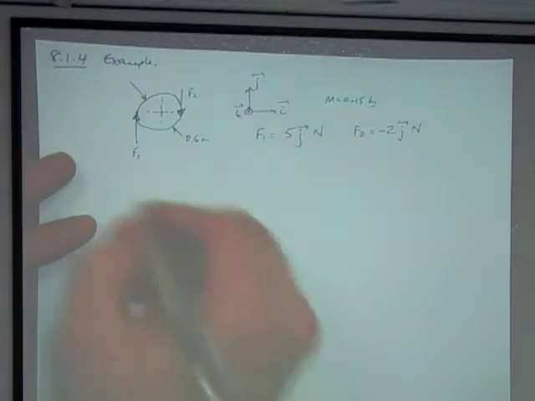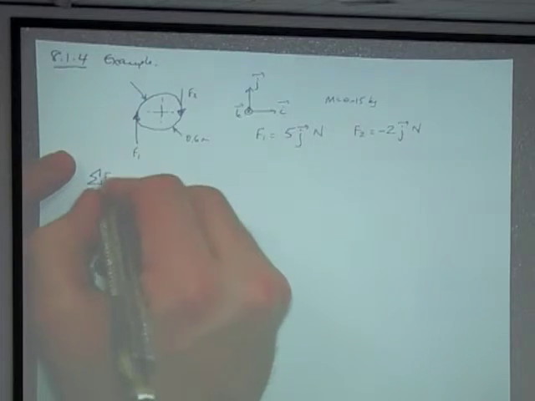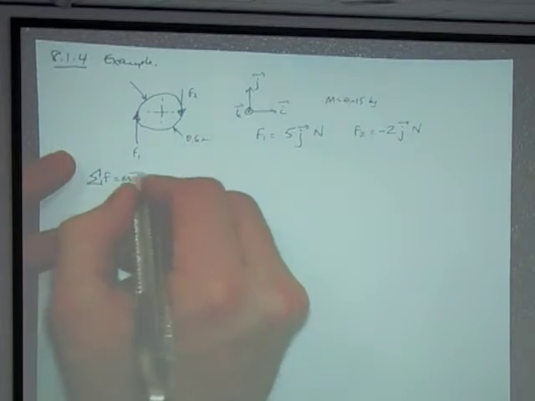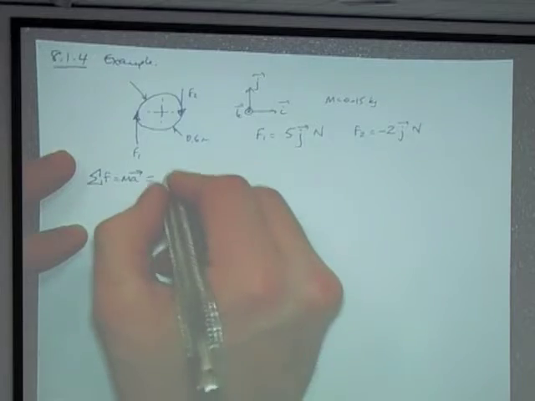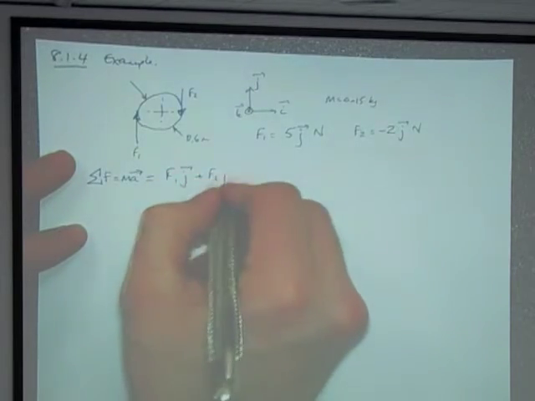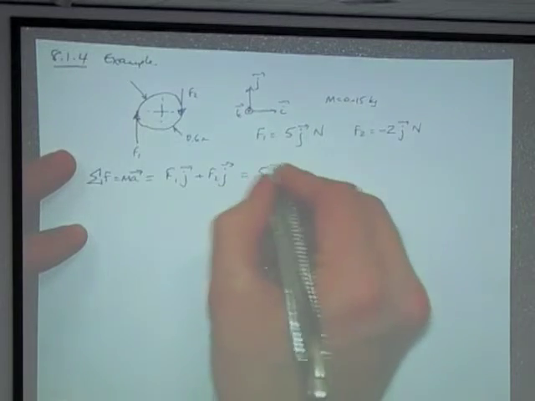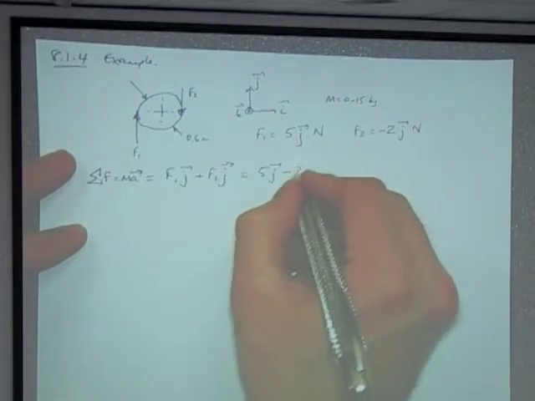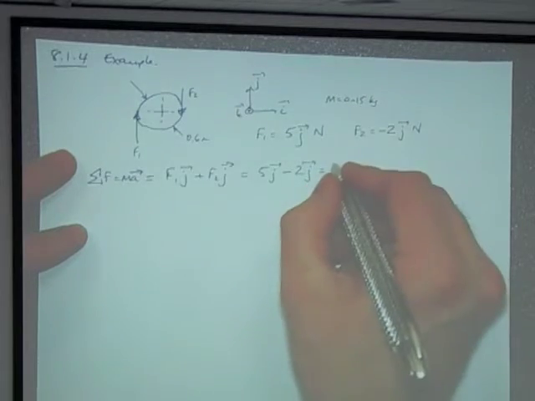For the linear acceleration of the puck, we know that the sum of all the forces is mass times acceleration. That's going to be F1 times J plus F2 times J. We substitute those values in, 5J minus 2J, so that equals 3J.